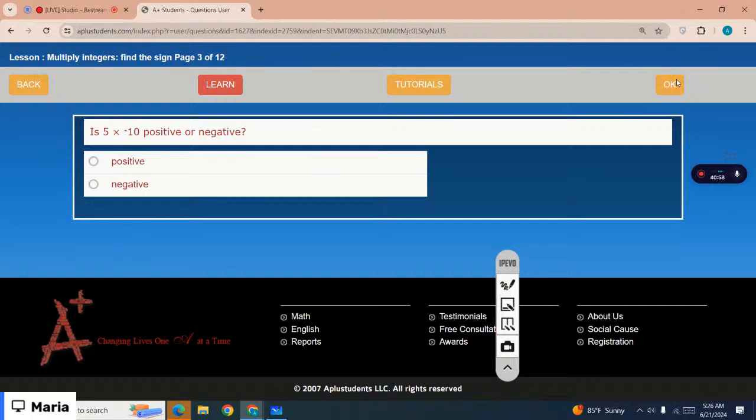Is 5 times negative 10 positive or negative? One of the numbers is negative, right? So the answer must be negative. The correct option is negative.